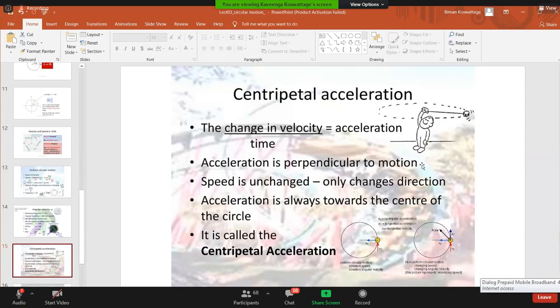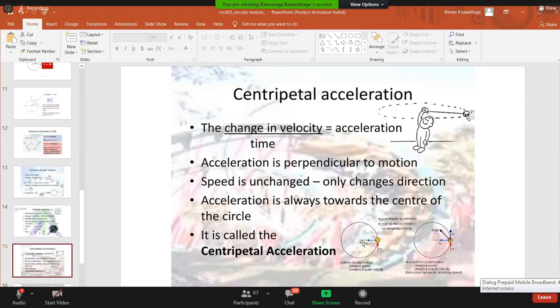Here, please understand that you have two types of acceleration. One is acceleration towards the center. This is so-called centripetal acceleration. Centripetal means center seeking.